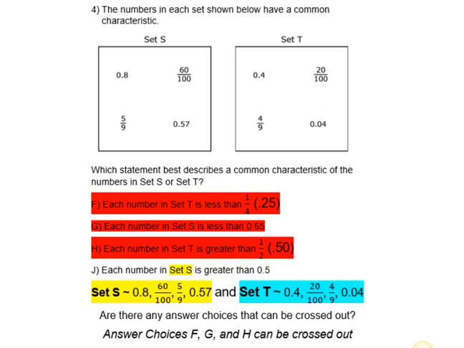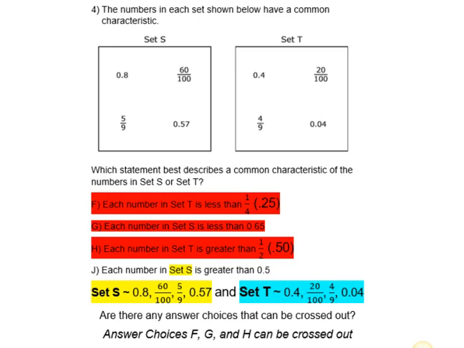So let's take a look. For answer choice F, it says each number in set T is less than 1/4, which we converted to a decimal to just make it easy, and that's 0.25.